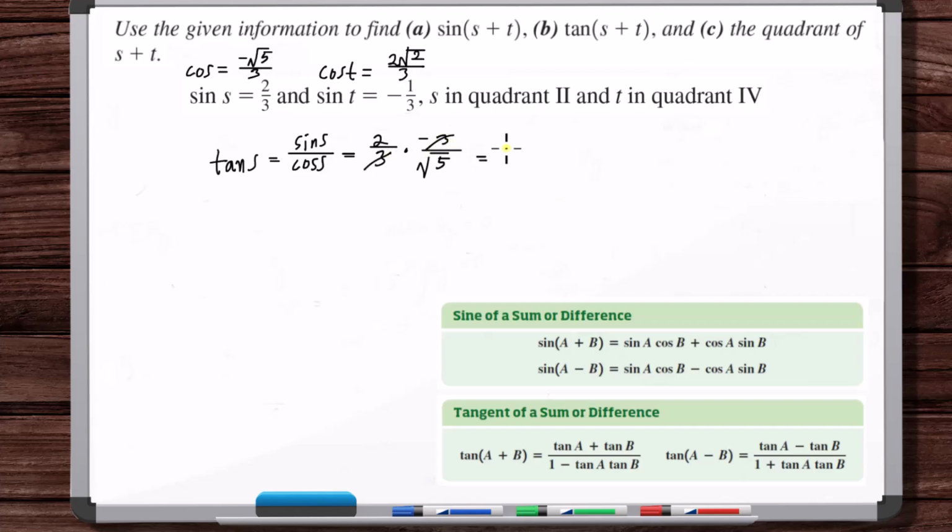That's minus 2 over root 5. Multiply that times root 5 over root 5, and you've got minus 2 root 5 over 5. So tangent of s is minus 2 root 5 over 5.